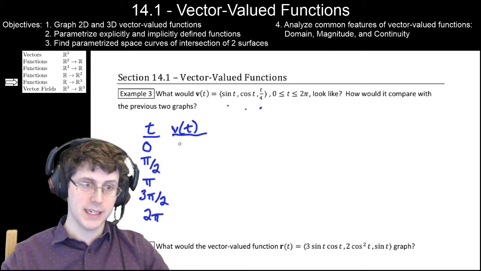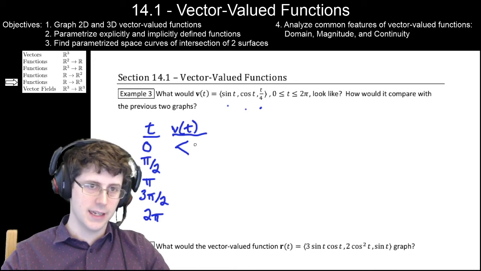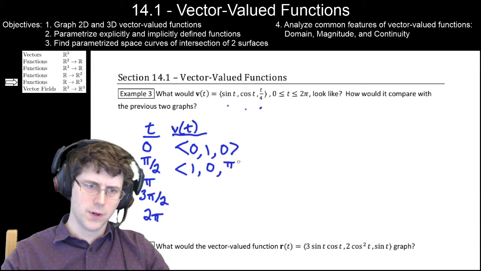Okay, when I plug in my t's, my parameter, into here, I get sine 0, cosine 0, 0 over 4, sine pi over 2, cosine pi over 2, pi over 2 over 4.